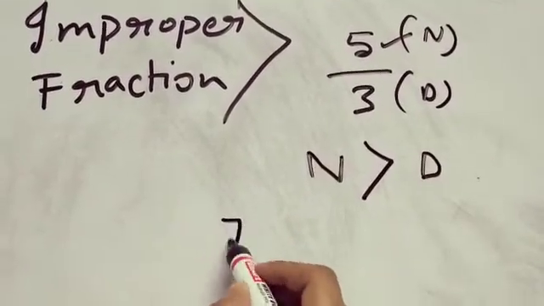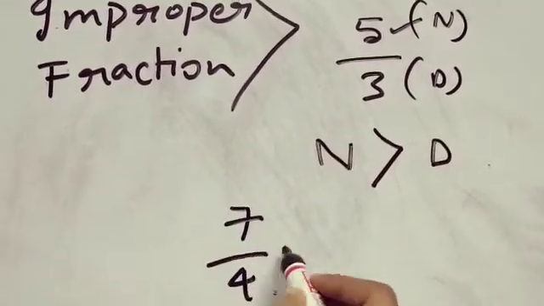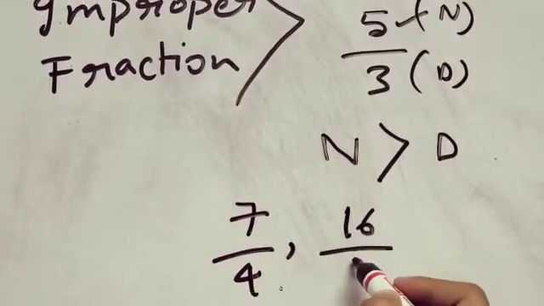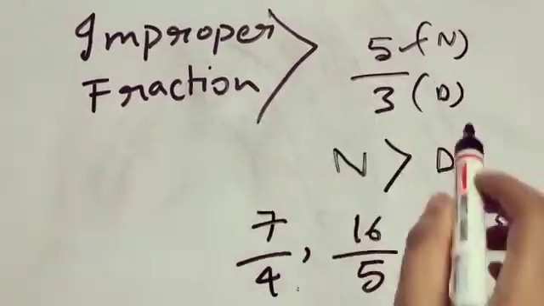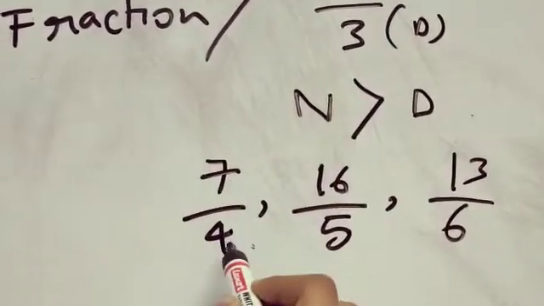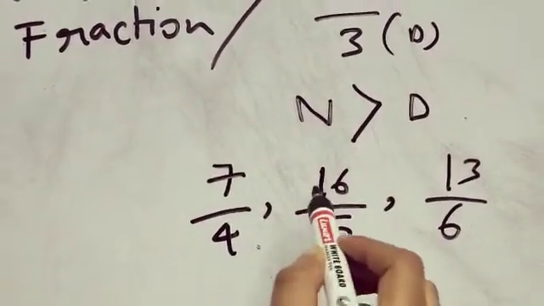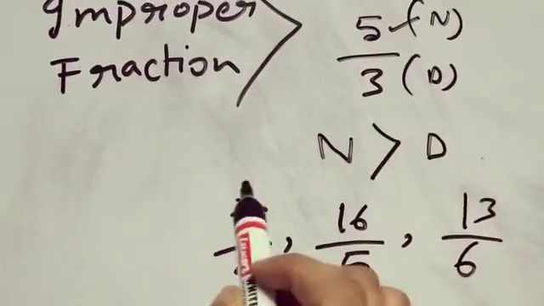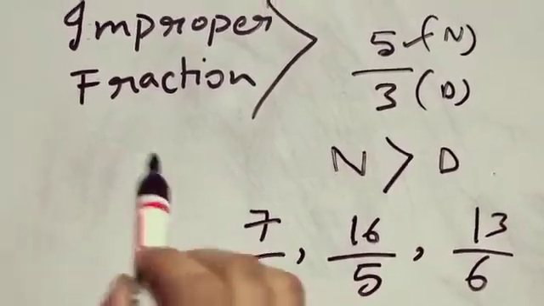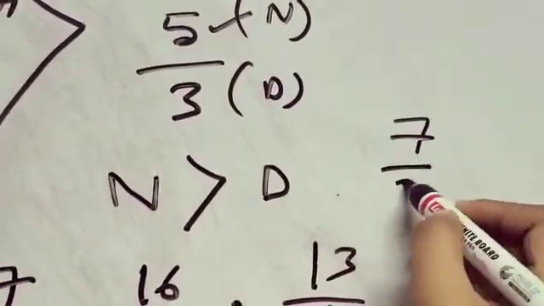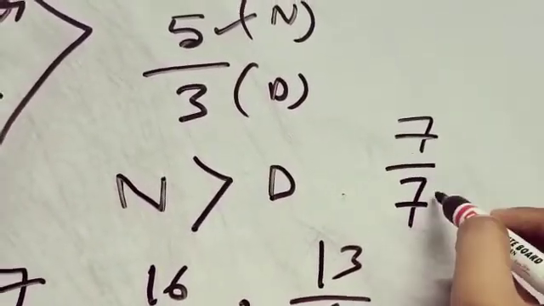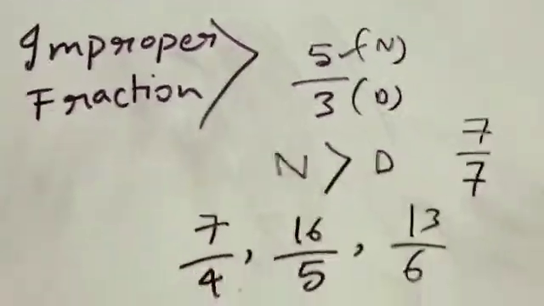I am giving you some more examples. 7 by 4, 16 by 5, 13 by 6. These fractions, you can see numerator is larger than denominator. Clear? So the type of fractions which consist of a numerator which is larger than the denominator are called improper fractions. This is also an improper fraction. 7 by 7. You can see here numerator and denominator are same. This is also an improper fraction.